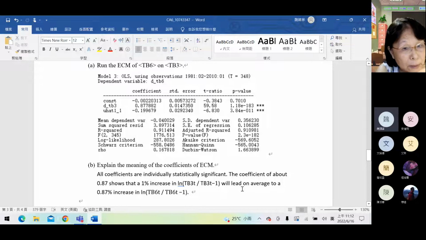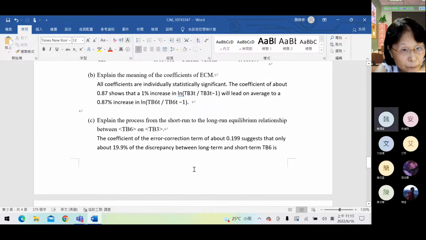Well, on average, this is the example I gave in the class, right? So since we don't take the log, oh yeah, okay. It will lead on average to a 0.87% increase in this. Okay. And the C part, explain the process from the short run to the long run equivalent relationship between TB6 and TB3.